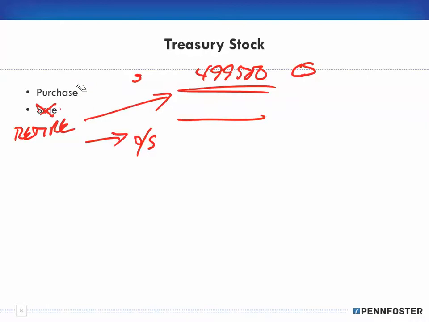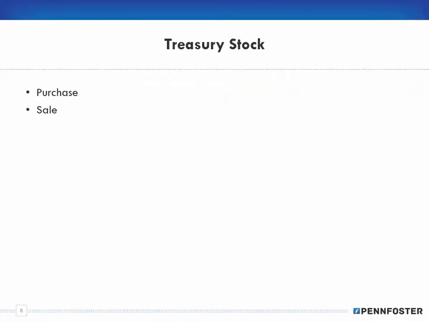So what does this all look like? From a journal entry perspective, when we're going to buy the stock, obviously we're going to debit our cash because we're paying for it, oops, I'm sorry, not debit our cash, we're going to credit our cash, because we're paying cash out, and that means we're going to debit our treasury stock.